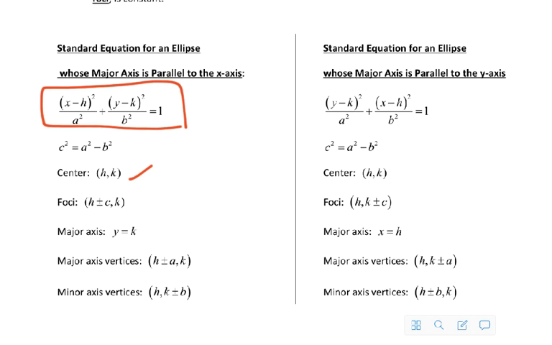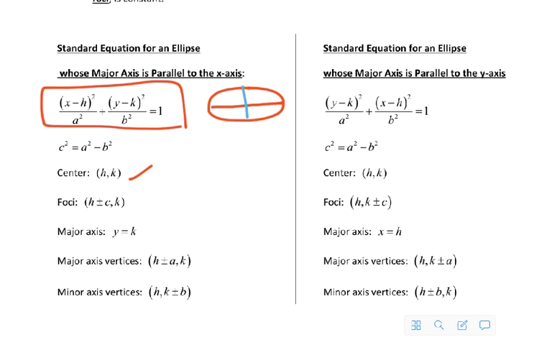If the bigger number is under the parentheses with the x, then the ellipse is going to be elongated horizontally. That means the horizontal axis through the center will be the longer one, and the vertical one will be the shorter one. If the horizontal axis is the longer one, the foci will lie on the horizontal axis.